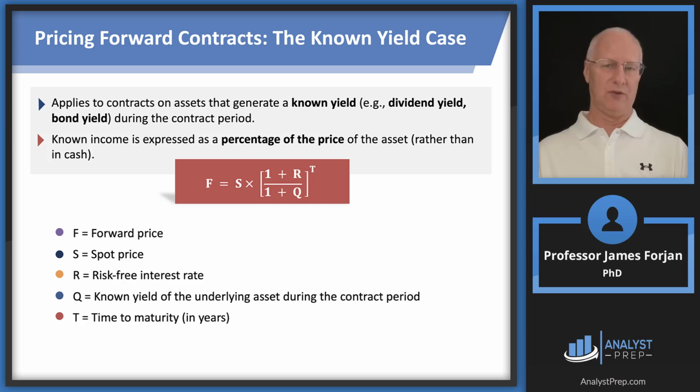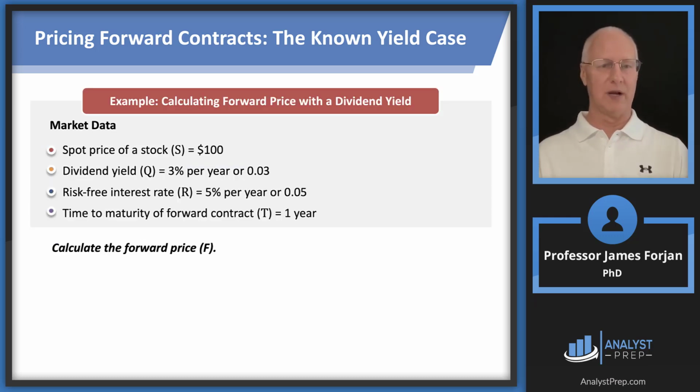Now, we can also do this in that third example that we had just a few slides ago. What happens if the income is expressed as a percentage of the price of the asset rather than what we were given in that previous example? What we were given was the actual dividend payment. Suppose we're given a dividend yield, or a coupon yield, or a bond yield. And so the formula looks exactly the same, but instead we've got to do some kind of ratios here.